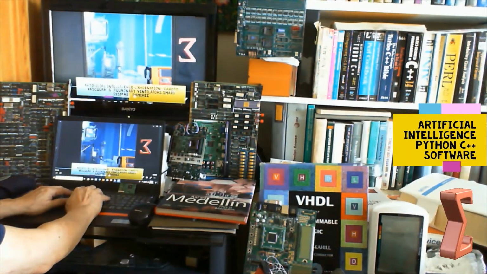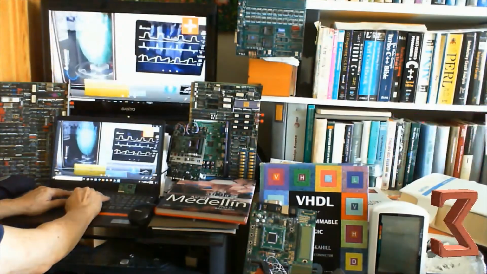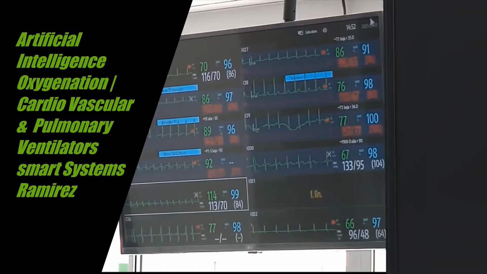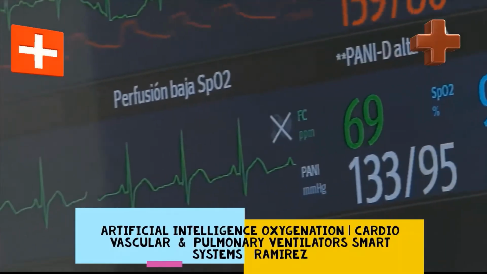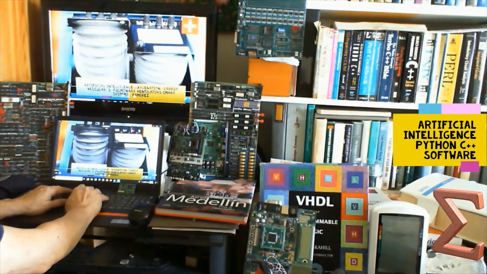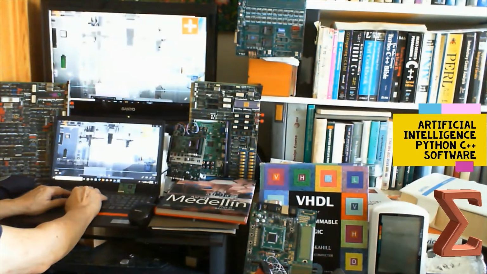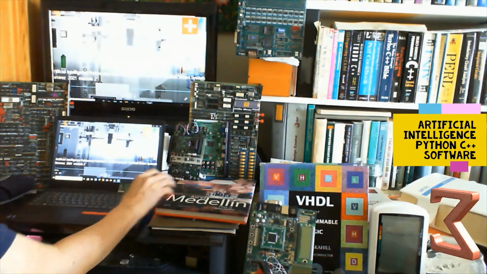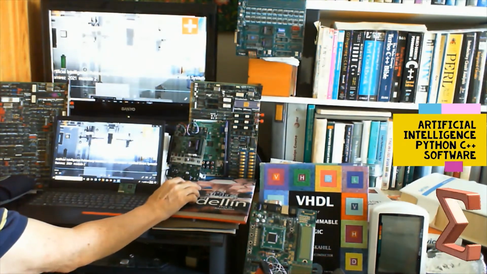Pulse oximetry makes use of two wavelengths of light, which are specifically chosen for system performance in the absorbing characteristics of Hb and HbO2.